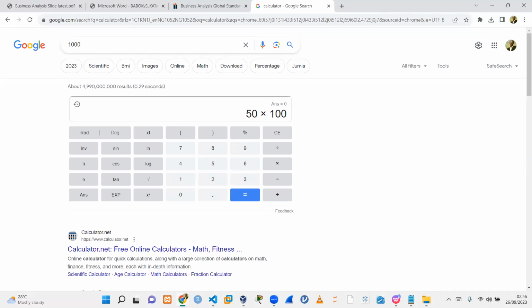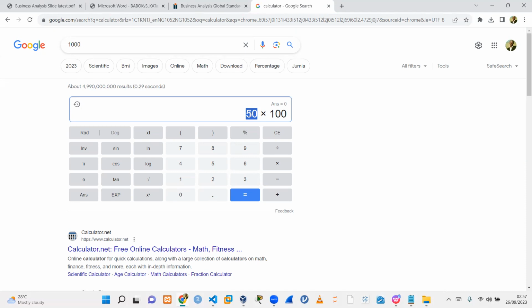So each item cost $50. You sold 100 pieces. But the cost price of each item is $40.